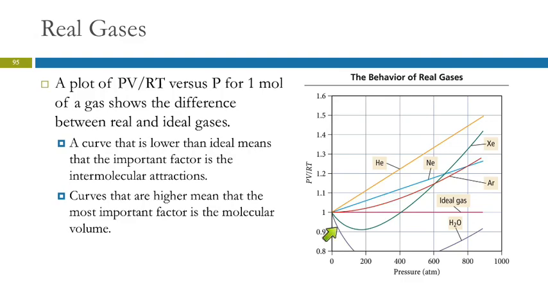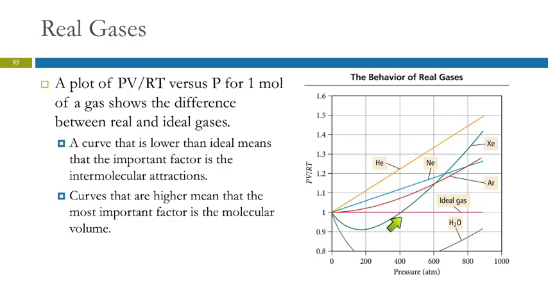And so what we see is for gases like helium and neon, their line or their curve is above. It's higher than predicted. And this tells us that the most important factor here is molecular volume. So the big effect is molecular volume.